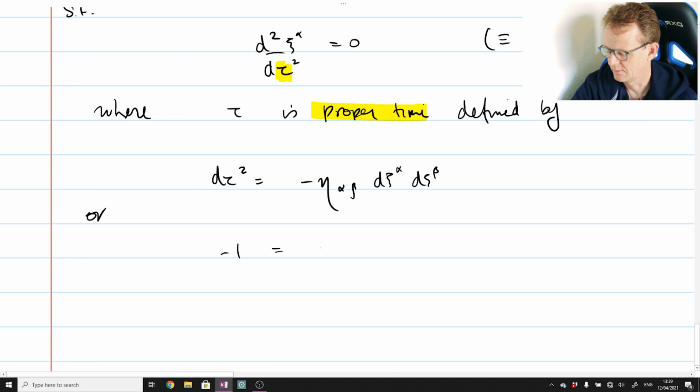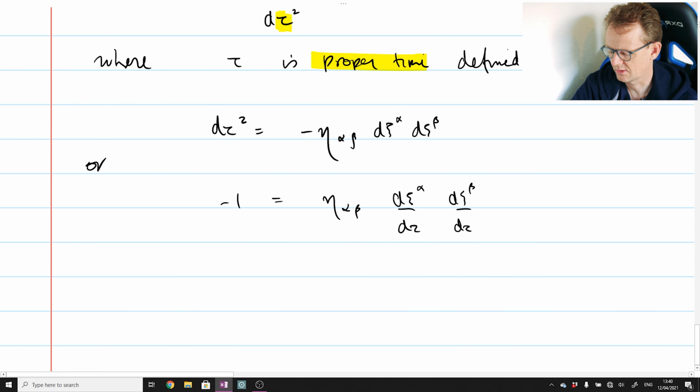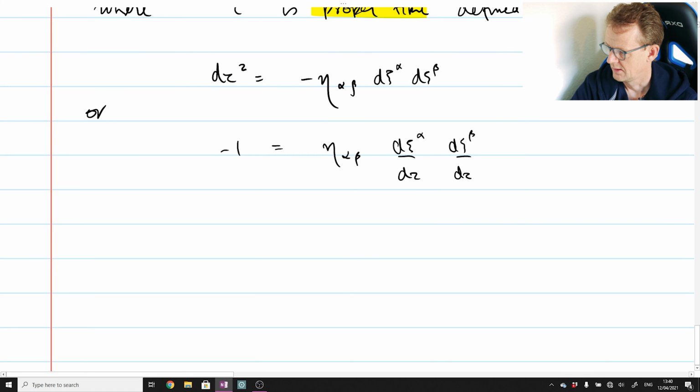It's defined by requiring that minus 1 is equal to eta alpha beta d psi alpha over d tau, d psi beta over d tau. It's how a clock ticks that moves with the particle instantaneously. And now I've introduced some new notation, and some new operations, so we're going to have to explain these things.